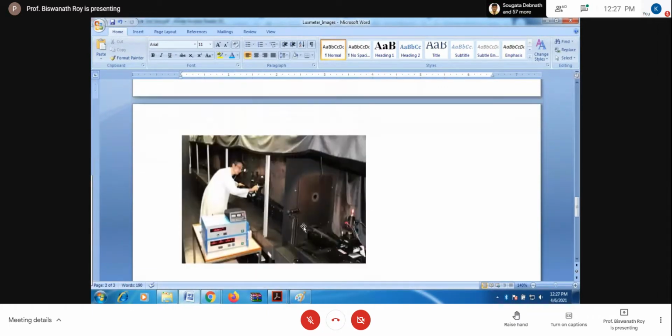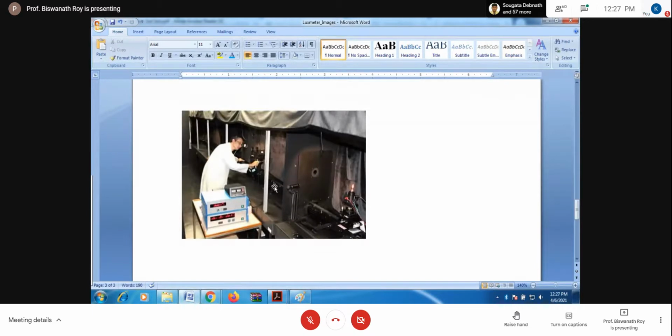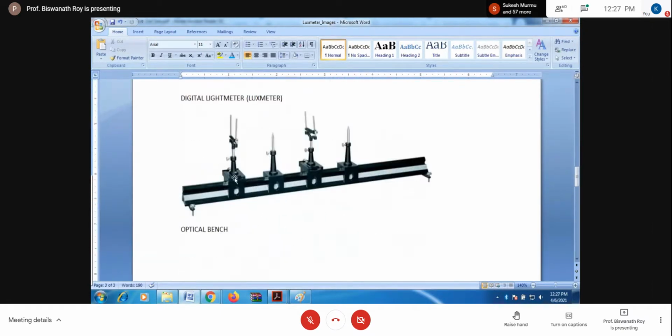And this kind of setup, this picture I have taken from the internet. So over this optical bench, in this experimentation, one lamp is to be placed, and at a distance, one lux meter is to be placed. You see that one lux meter is placed here. So in the actual experimental setup, at one end of the optical bench we place the lamp, and at another end of the optical bench we place one lux meter.